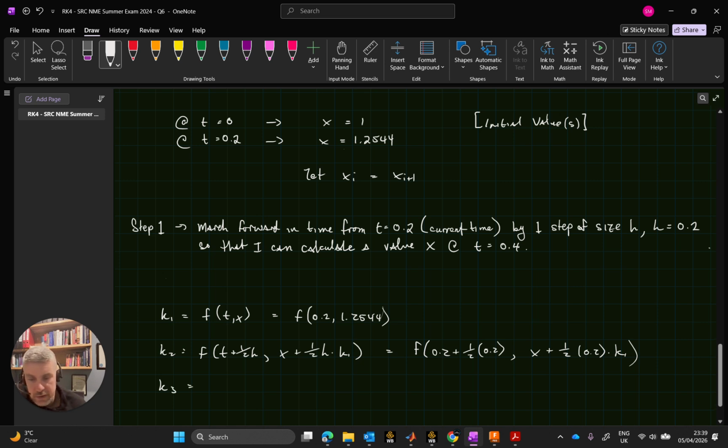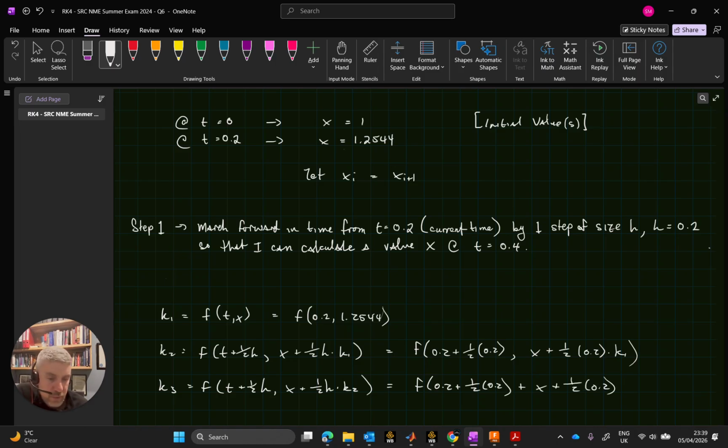K3 is equal to f of t plus 1/2 of h, x plus 1/2 of h by k2, which is equal to f of 0.2 plus 1/2 of h, which is 0.2, x plus 1/2 of h, 0.2 by k2.